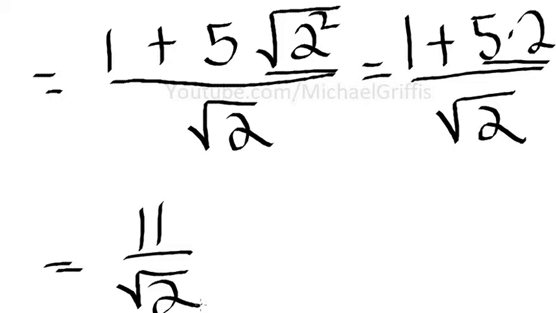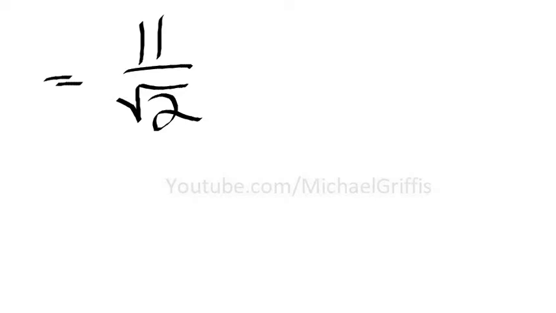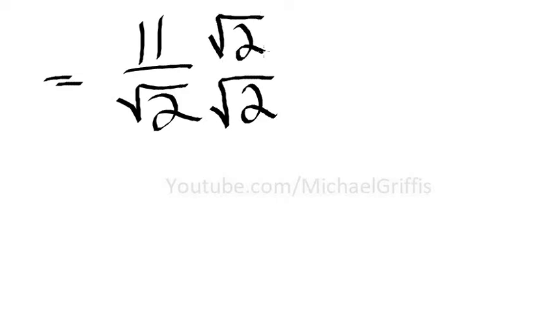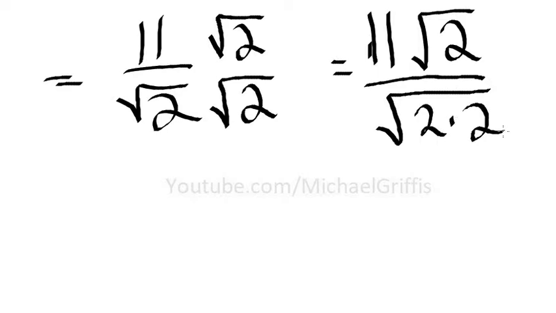But what did I say? We don't want to have a radical in the denominator, so what you do is you multiply the bottom by the square root of 2 and the top by the square root of 2. Now we're left with 11 times the square root of 2 over, once again, this is the square root of 2 times the square root of 2. We can bring both those together, but that is just the square root of 2 squared.